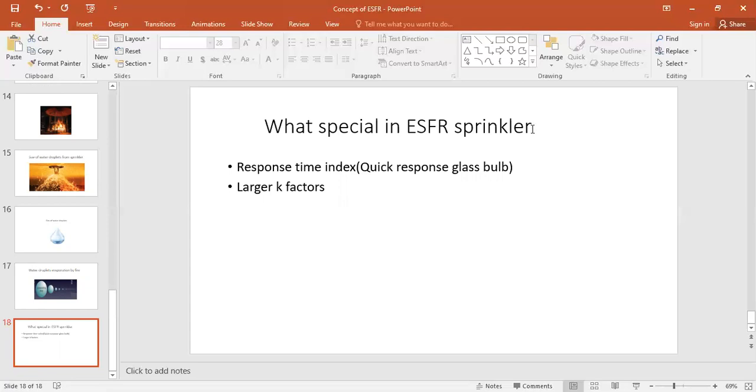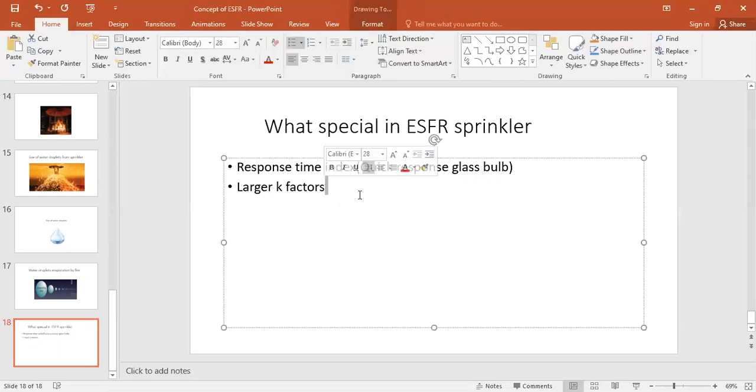One is a quick response thermal sensing element on the sprinkler, another is larger K factors. ESFR contains both. In ESFR sprinklers, the K factor starts at 11.2 from any brand.